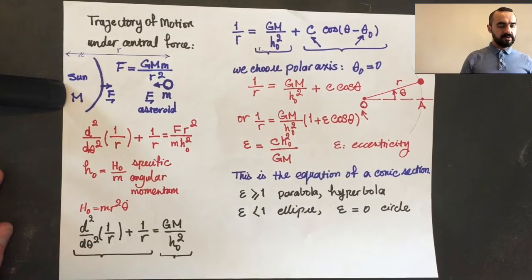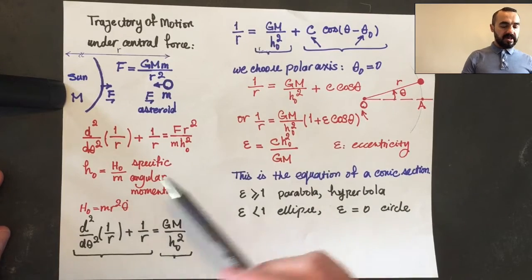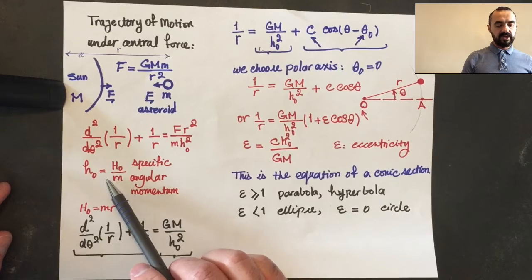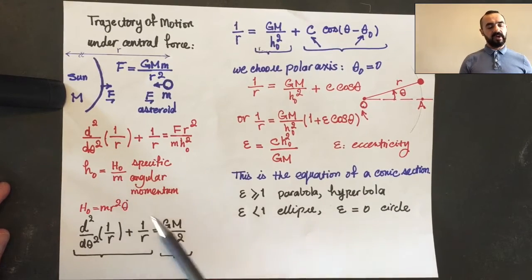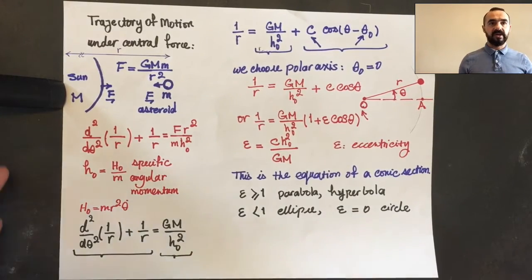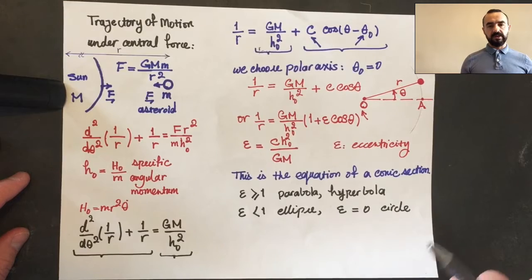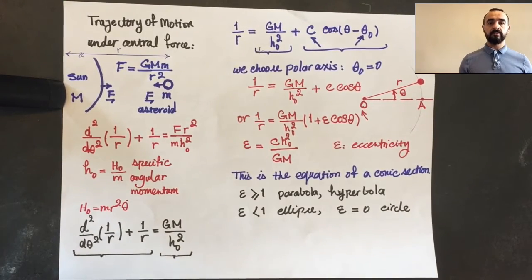In this equation of motion, we have h0 squared equal to capital H0 over m. H0 is our specific angular momentum. And to remind you again, angular momentum, by definition, is the moment of translational momentum.